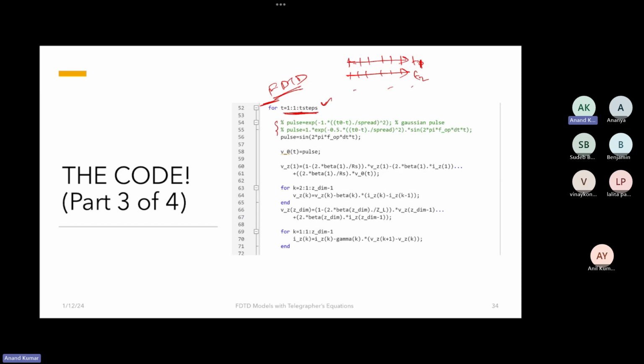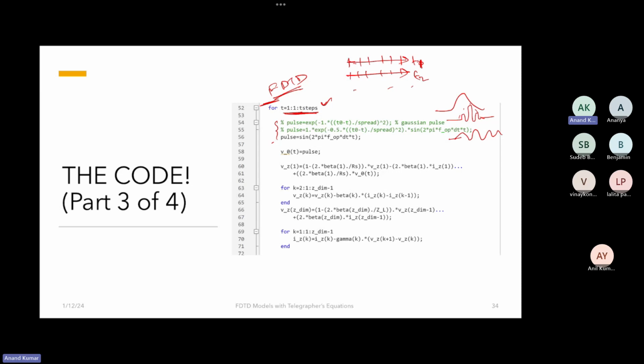I've used three different types of excitations. The first was the Gaussian pulse. The next is a sine modulated Gaussian pulse, which will have a Gaussian envelope, and the third was a sinusoidal pulse. So three options will be available in the code, which I will share.